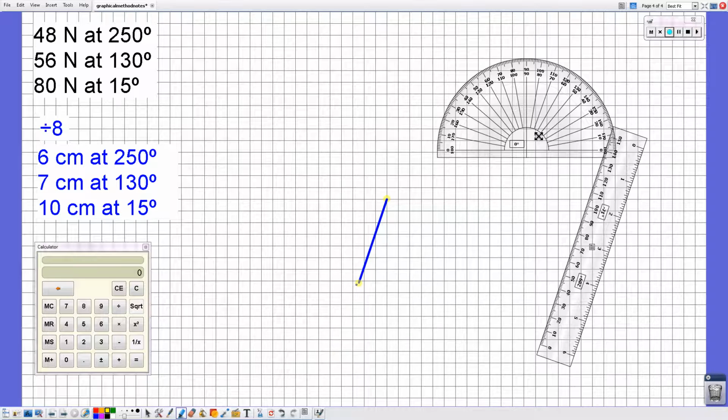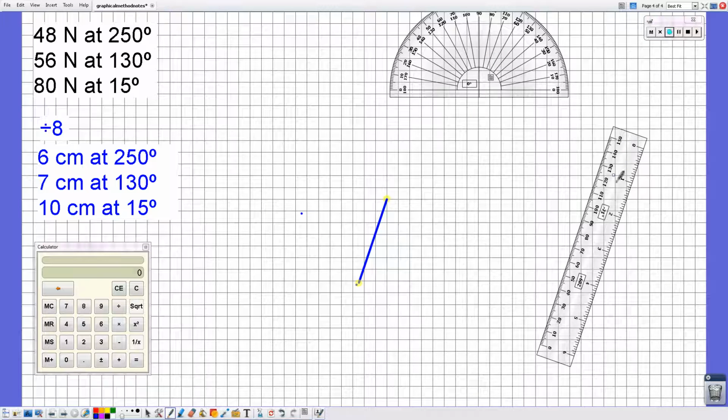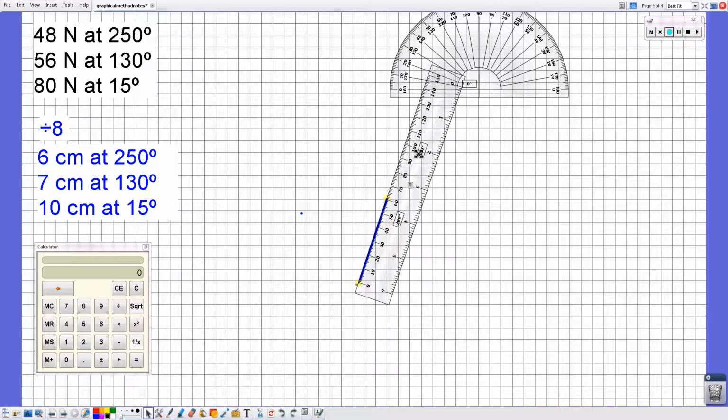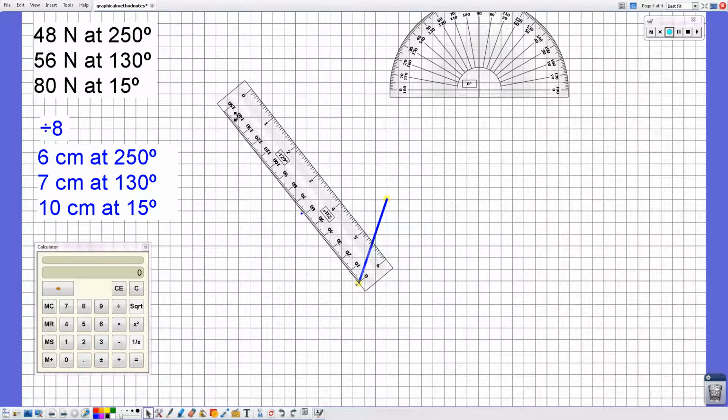7 centimeters at 130. So let's see, I'm going to put this here. 90, so 130 is there. Alright, cool. Line that up. And I want this to be 7 centimeters long.